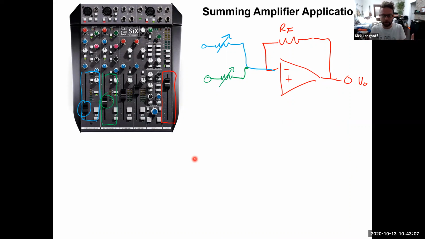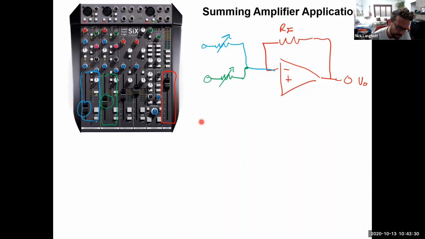The basic building block behind that is that each channel has a small fader on it. The fader shown in blue is a variable resistor, and as you move that fader around, you're changing the resistance.